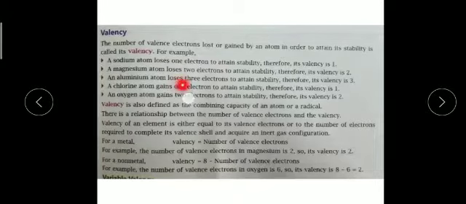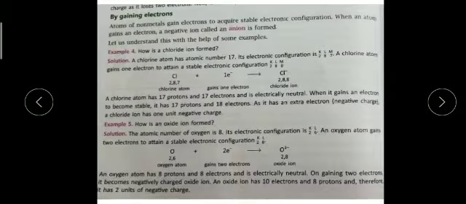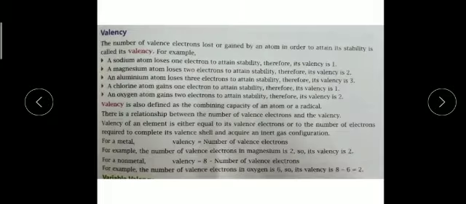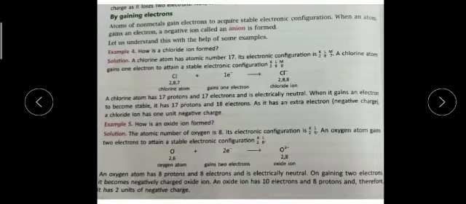Okay, this valency concept I will explain to you in the Zoom class with many examples. Remember this. In class 7 also I explained to you, children. In the case of sodium chloride, for finding the valency of chlorine, we should see the outermost electrons. As you can see, the outermost electrons are 7.